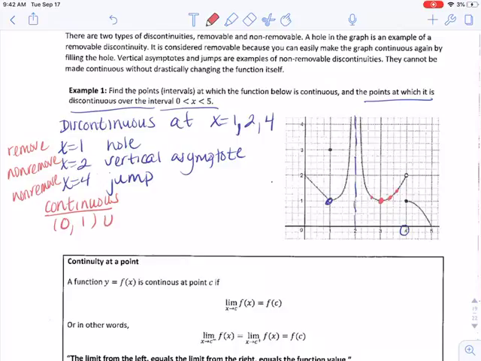And then from 1 to 2. And then I will have to continue on from 2, and we know 2 is not included, that's why we put parentheses, from 2 all the way to 4, union. And the last part is from 4 to 5.